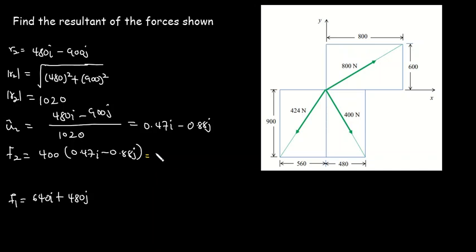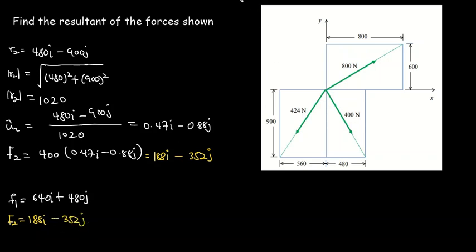That will give us a value of 188 newtons in the x-axis direction, and minus 400 multiplying minus 0.88 will give us a value of minus 352 in the y-axis direction. Okay, so let's write that here. For F2 also we have 188 in the x-axis direction and then minus 352 in the y-axis direction.